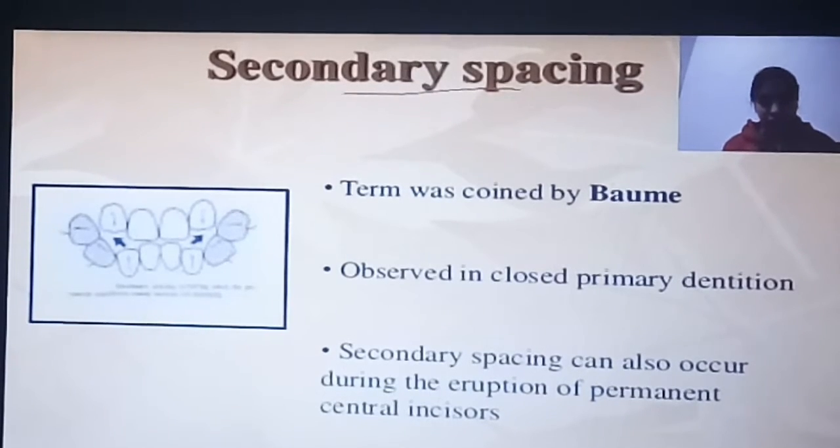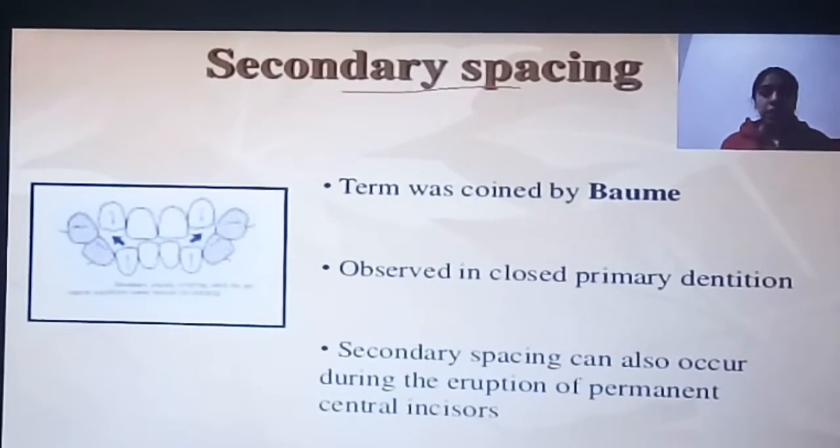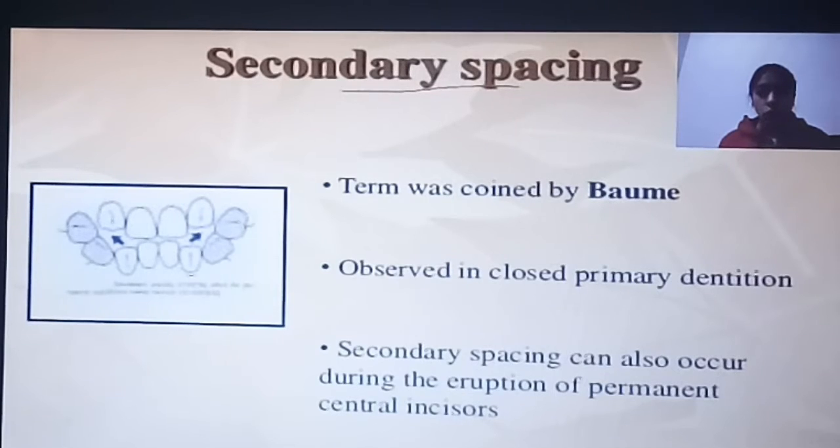Now how it happens is, see in the diagram, whenever there is the eruption of the lower lateral incisor, the mandibular lateral incisor, what it does is push the deciduous canine distally.